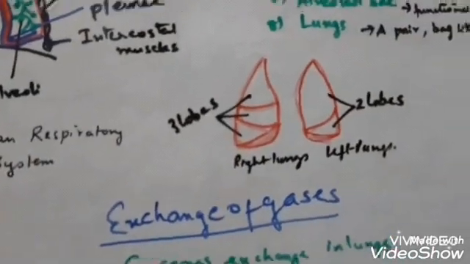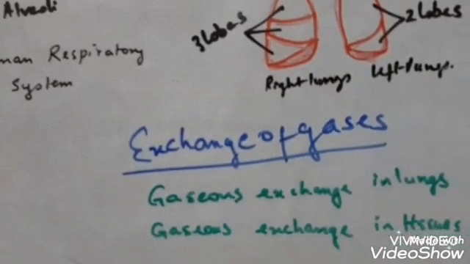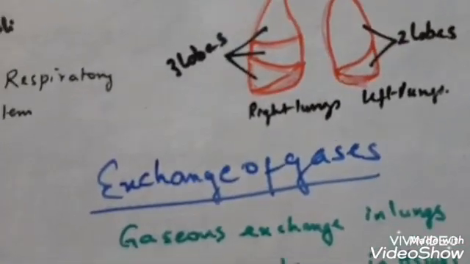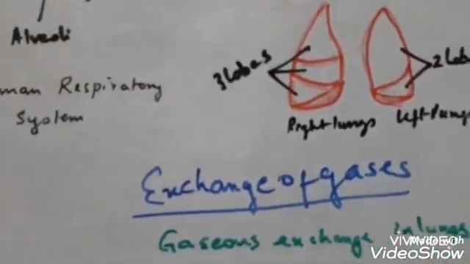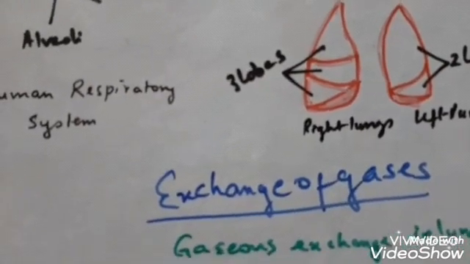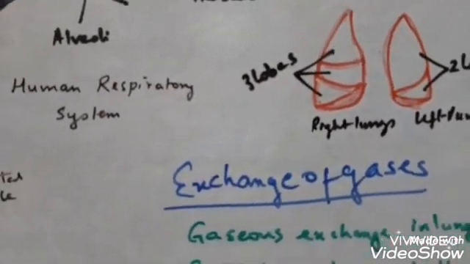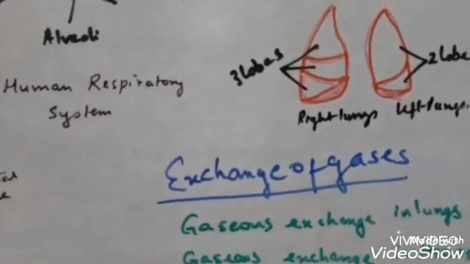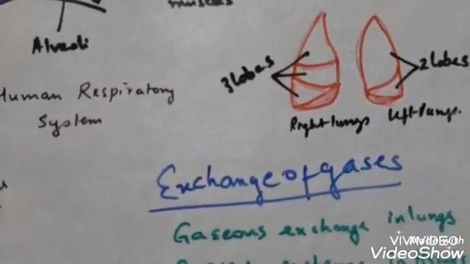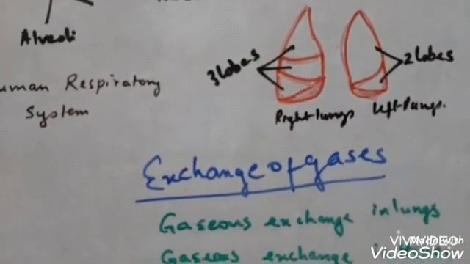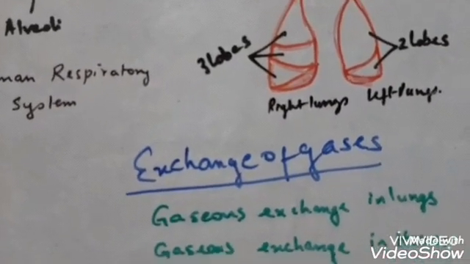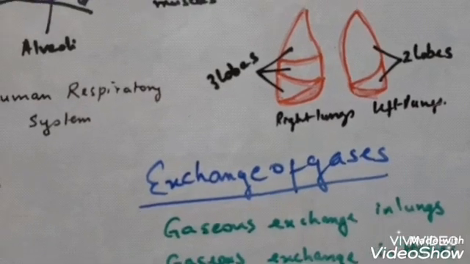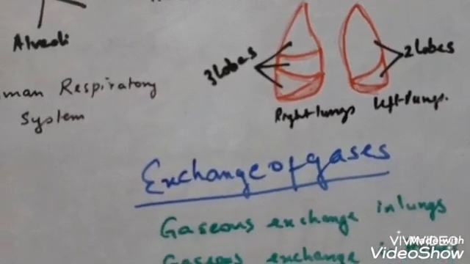So my dear students, the last part of the mechanism of breathing is exchange of gases in the lungs and tissues. The first point is exchange of gases in the lungs, and the second is exchange of gases in the tissues. In the lungs, the concentration of oxygen in the alveoli is higher than that in the blood capillary outside.